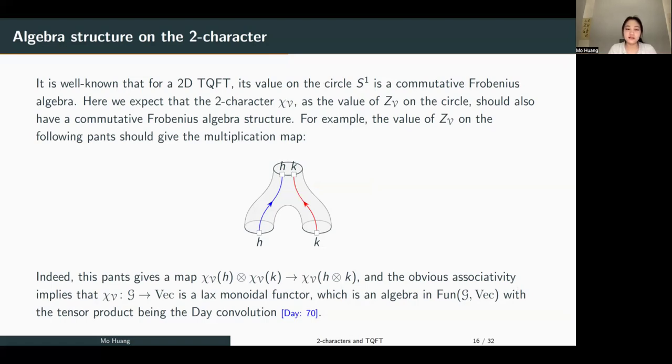Indeed, these pants give a map from chi V of H tensor chi V of K to chi V of H tensor K, and the obvious associativity implies that chi V is actually a lax monoidal functor, which is an algebra in this functor category from G to Vect, with the tensor product being the Day convolution.